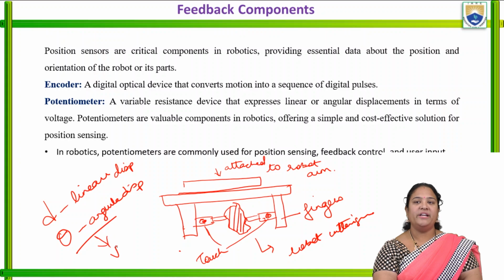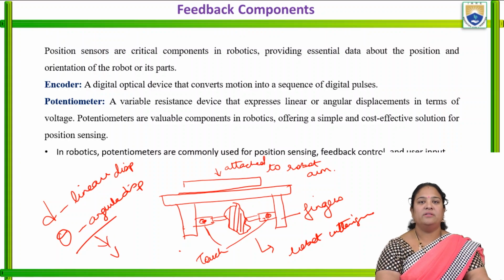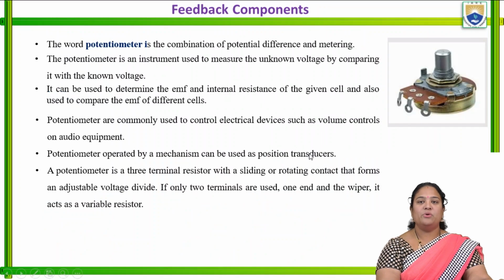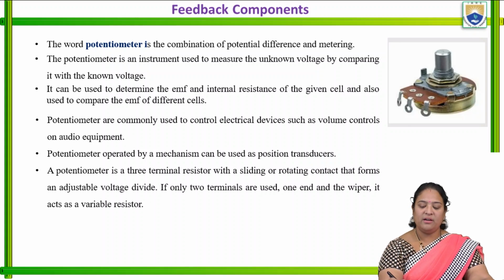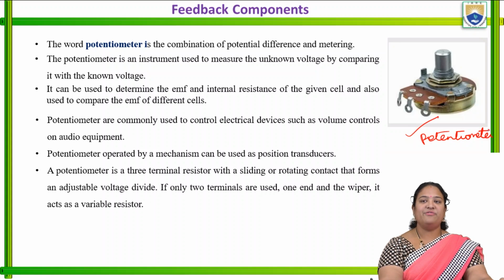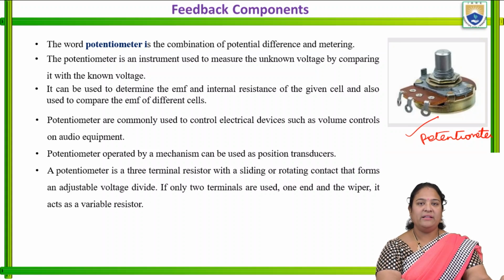The potentiometer is one of the commonly used position sensing devices. Here is the figure of the potentiometer, which will be fixed to the robot in order to identify its linear and angular displacement.